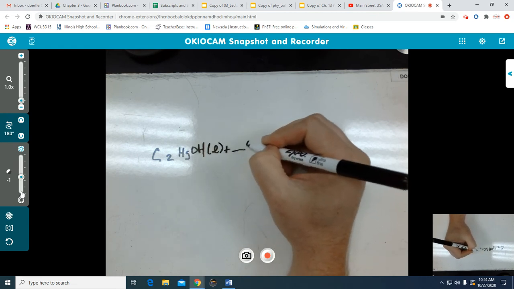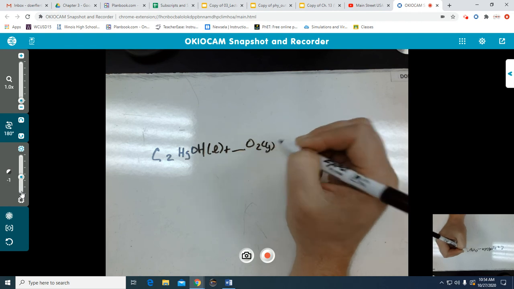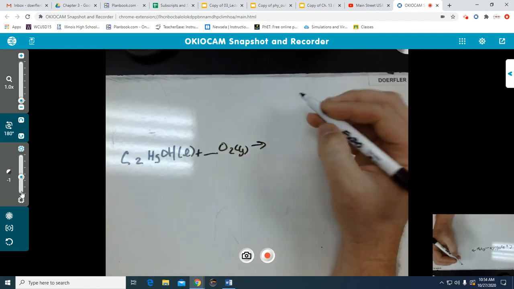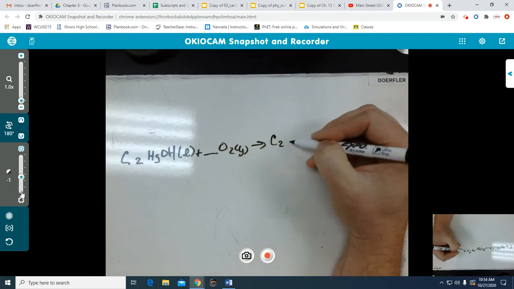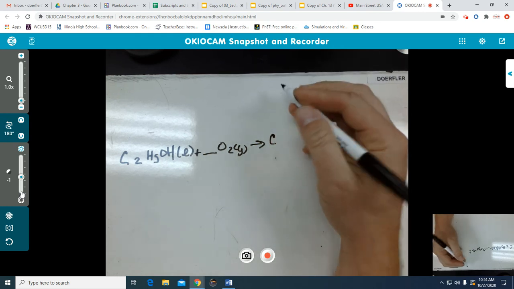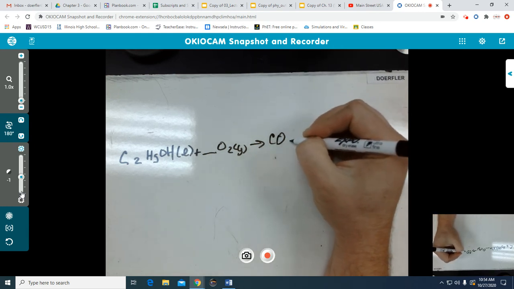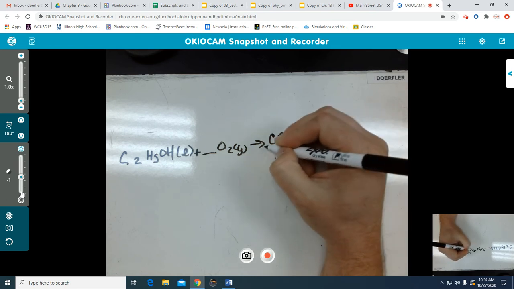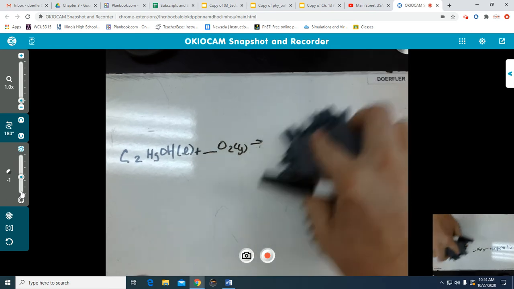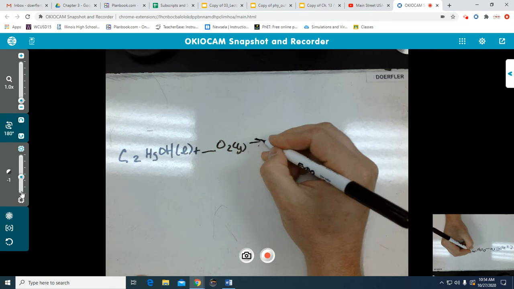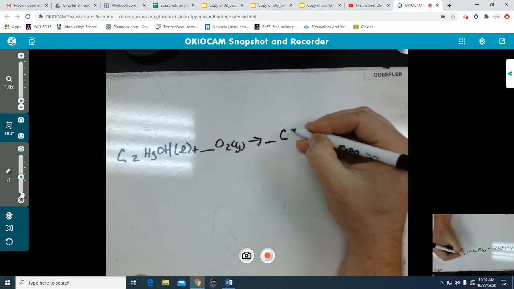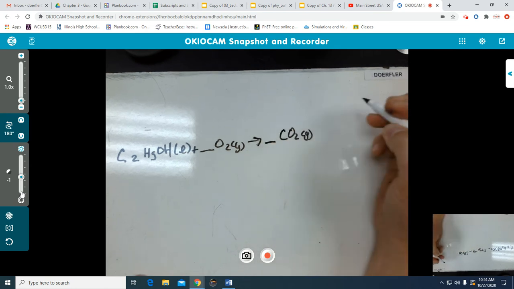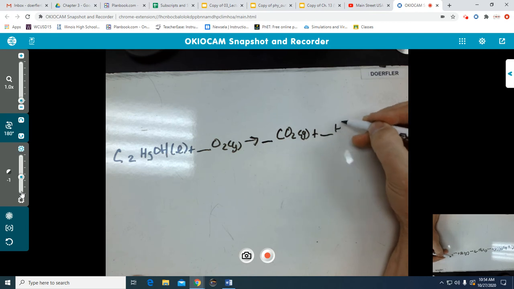It's going to react with oxygen, which is a gas, and it's going to yield C2, oh, sorry, CO2 gas, plus H2O gas.